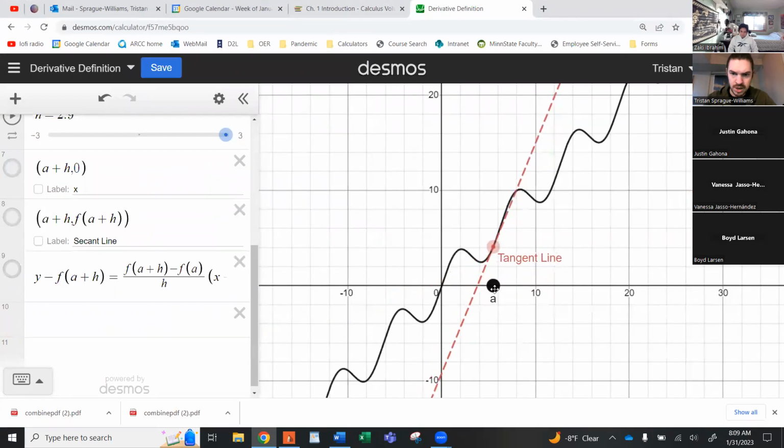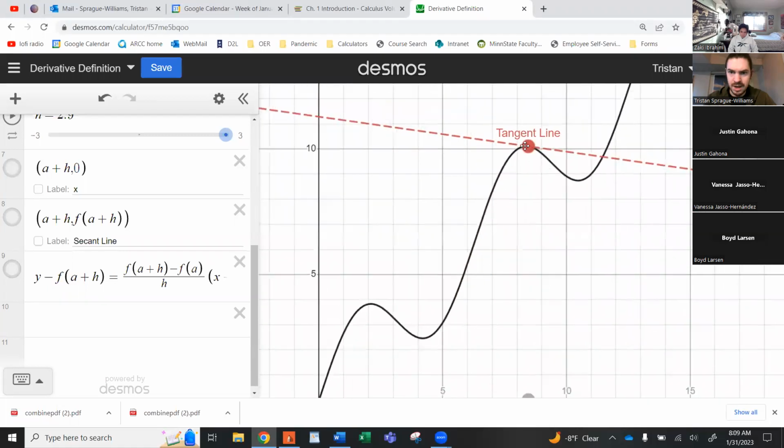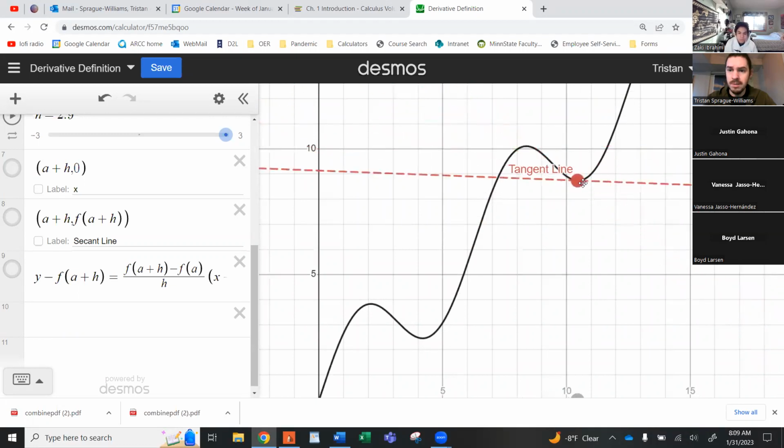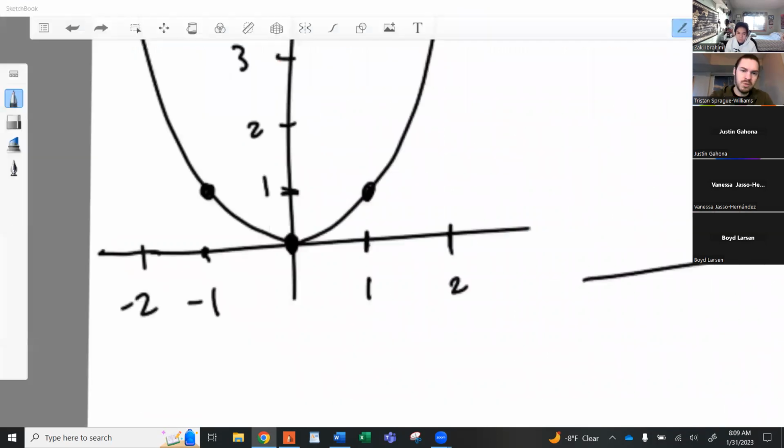Let's just grab the tangent line. As you can see, a tangent line hits horizontal, right? Whenever the point reaches a maximum or a minimum, there are these 0 slope lines, which are horizontal lines. So that's what's happening right here.